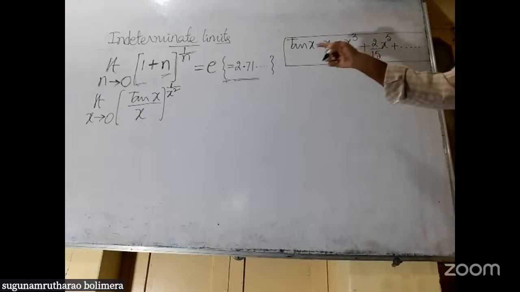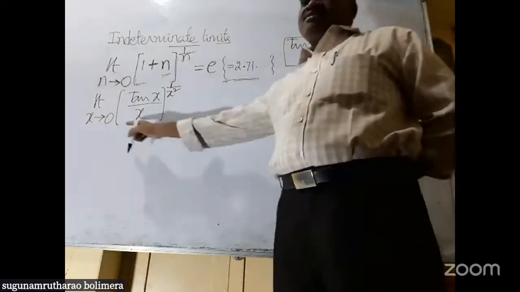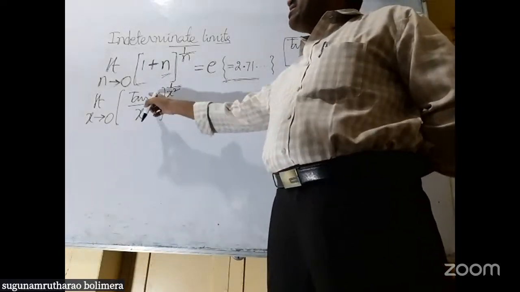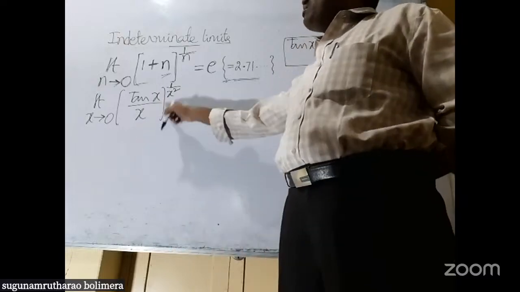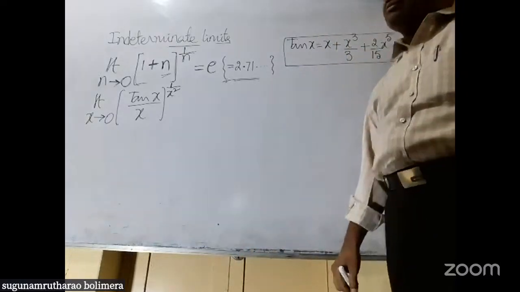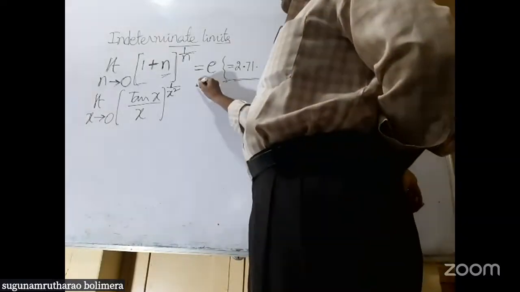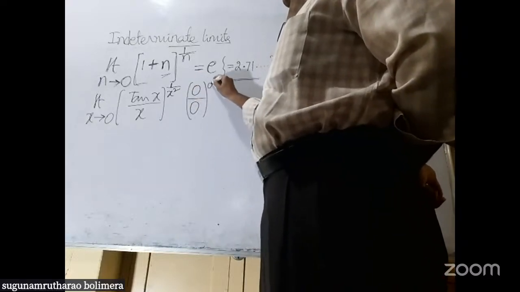Now use this substitution or that. If you write x tends to 0, tan 0 is 0, 0 by 0, whole power infinity. It is an indeterminate limit, just like 0 by 0 whole power infinity.